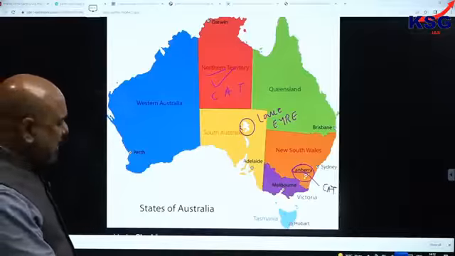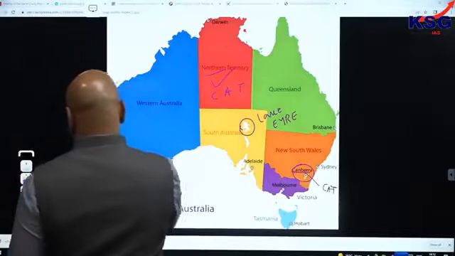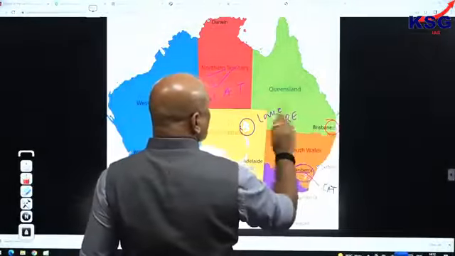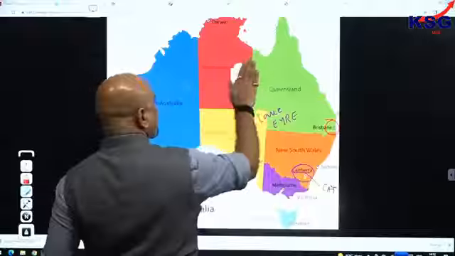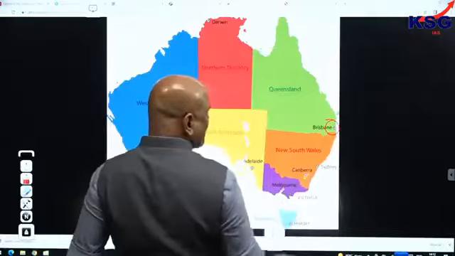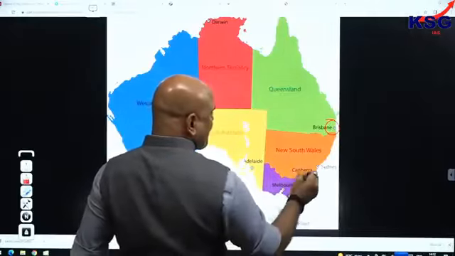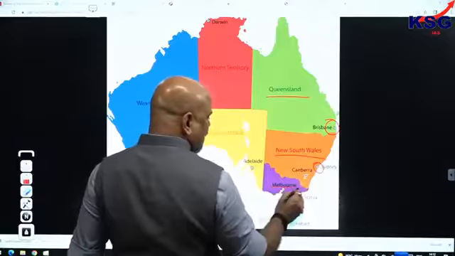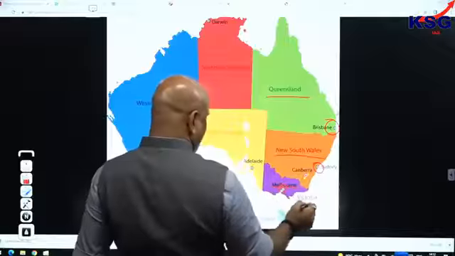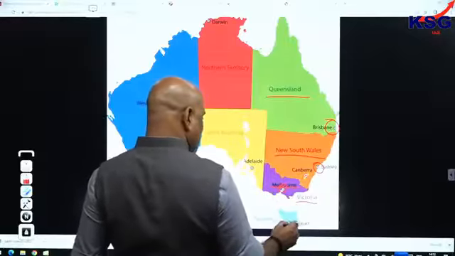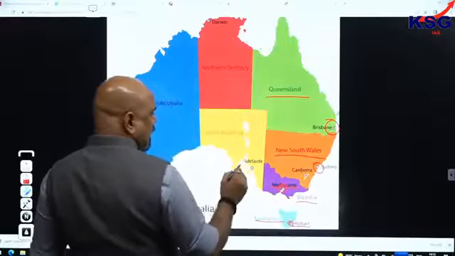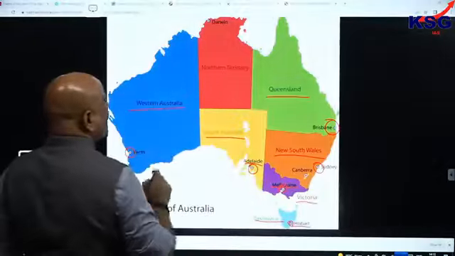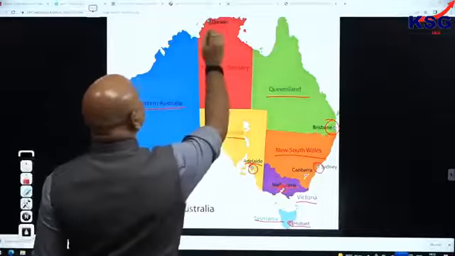Here is Brisbane, capital of Queensland. Then you have Sydney, capital of New South Wales. Melbourne, capital of Victoria. Hobart here, capital of Tasmania. Adelaide, capital of South Australia. Perth, capital of Western Australia. And Northern Territory's capital is Darwin.